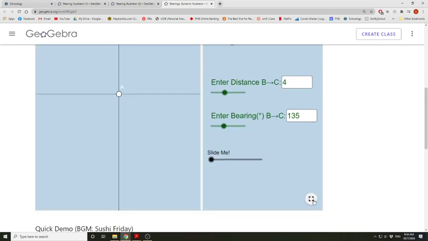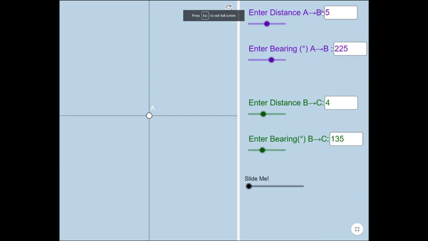Lastly, sometimes they give you multiple bearings. Let me put this. In this case I have distance A to B as 5 cm. So I measure 5, and then I want a bearing of 225.